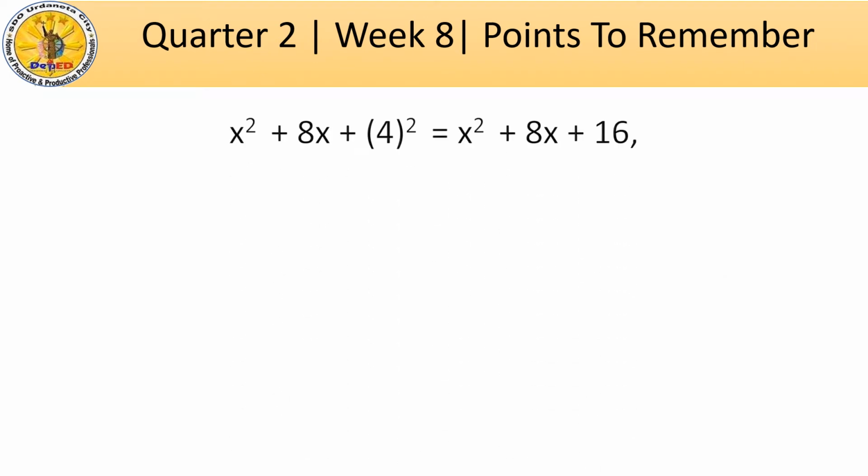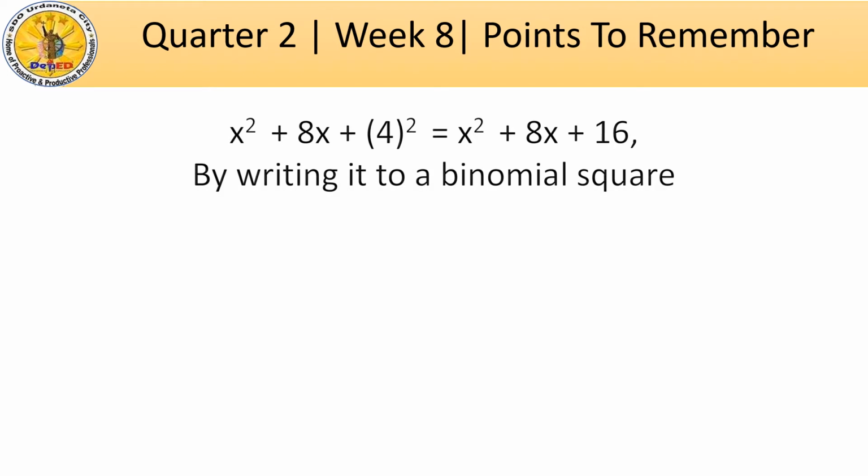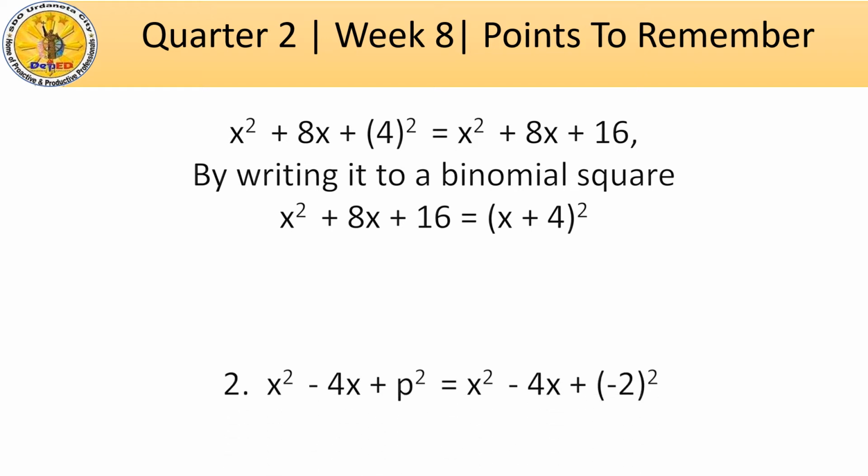Then x squared plus 8x plus 4 squared is equal to x squared plus 8x plus 16, and therefore x squared plus 8x plus 16 is now the perfect square trinomial. Then by writing it as a binomial square, we have the quantity x plus 4 squared.